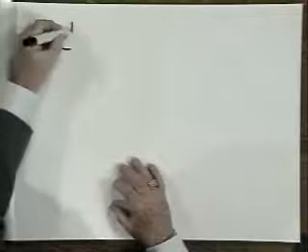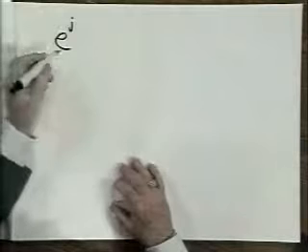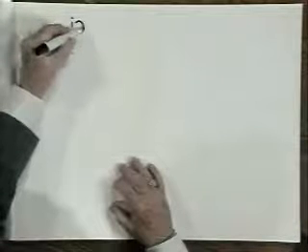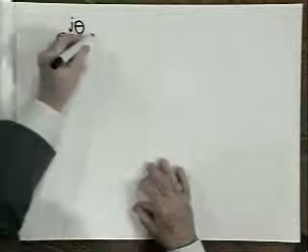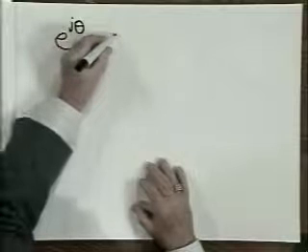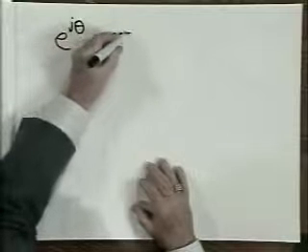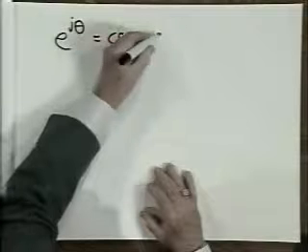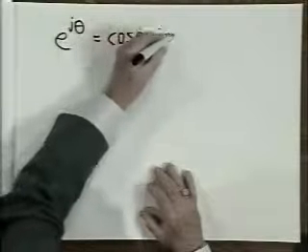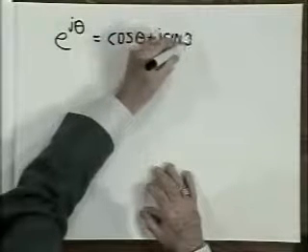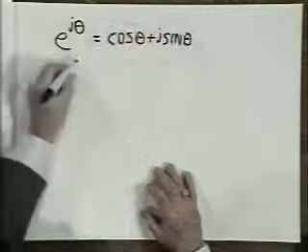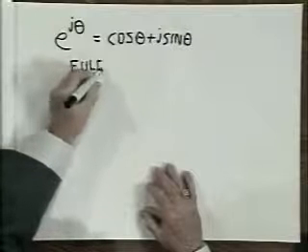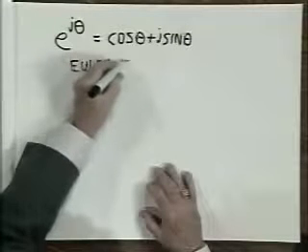The Euler Equation says that, e being the base of the natural logarithm, e to the j theta is equal to cosine theta plus j sine theta. And this relationship is referred to as the Euler Equation.